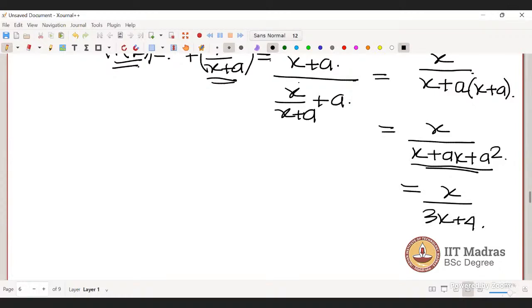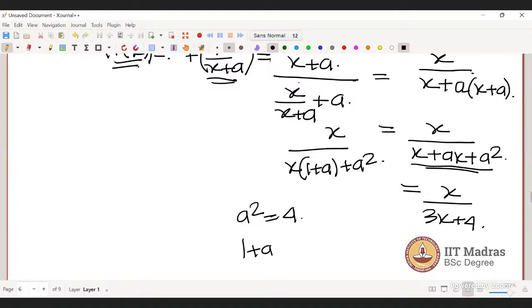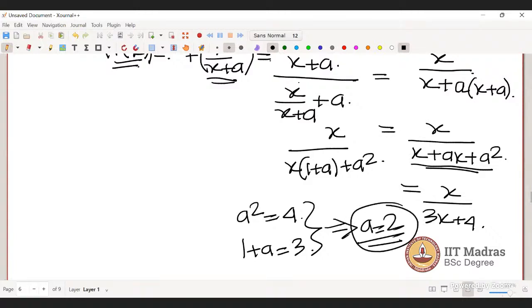So this is basically x by x into (1 plus a square), so that means a square is equal to 4 and 1 plus a equals 3. If you solve these two, you will get a equal to 2. Got it, sir.